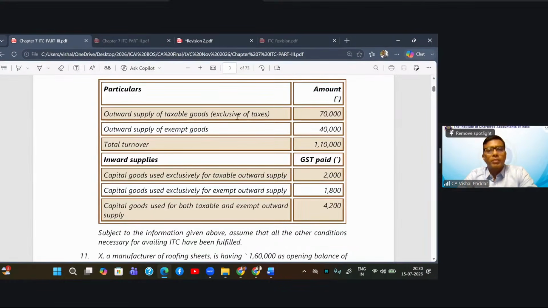You have outward supply of taxable goods, excluding tax, 70,000, outward supply of exempt goods 40,000, total turnover 110. GST inward supplies: capital goods used exclusively for taxable supplies, capital goods used exclusively for exempt supplies, and capital goods used for both.